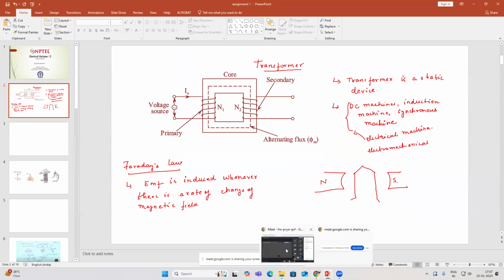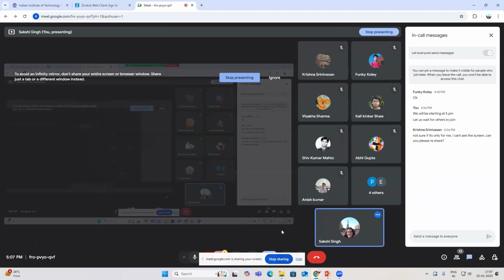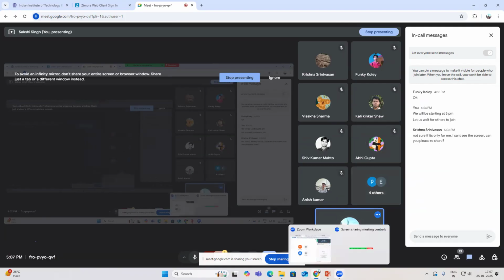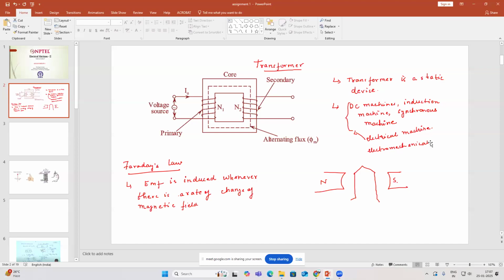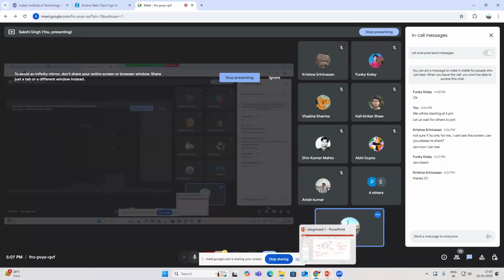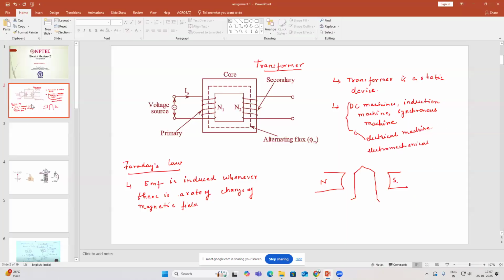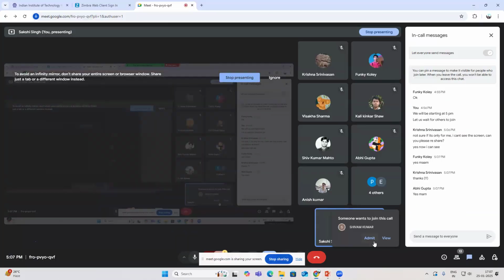Are others able to see my screen? Someone please confirm either by speaking or by writing. Can you see my PPT which I am sharing and then I'm writing here? So you can see, right?